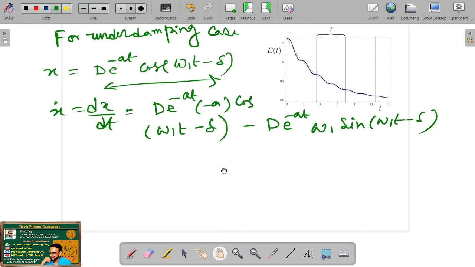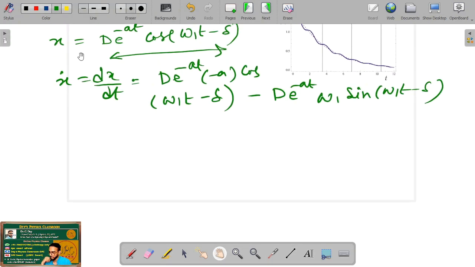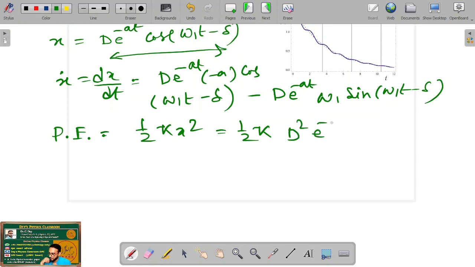Now to calculate the total energy, we first have to calculate the potential energy, which is given by half k x square, which is half k into d square e to the power of minus 2at cos square of omega 1 t minus delta.